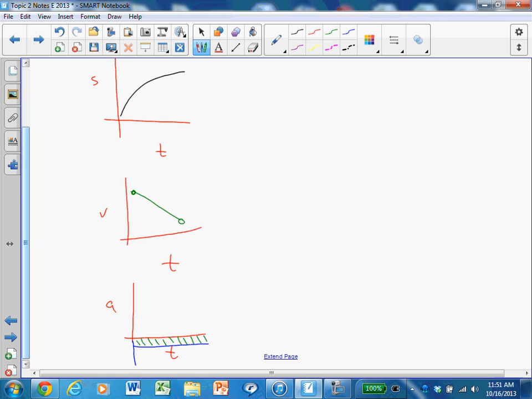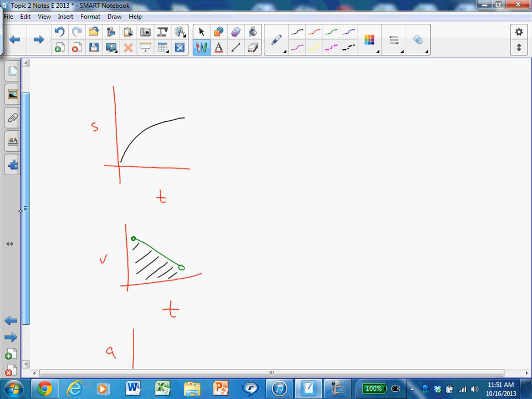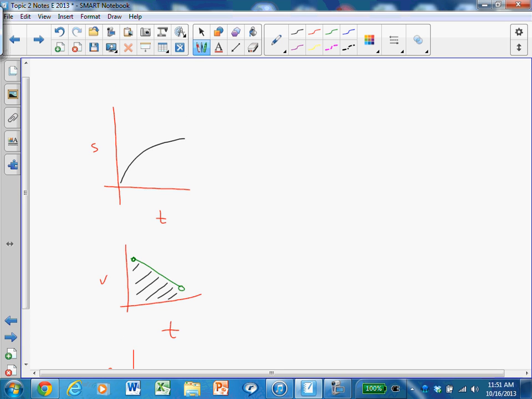And then the area here is v times t, and that's going to bring us up to change in s. So we go from a low s to a higher s, but we're slowing down when we get up there.